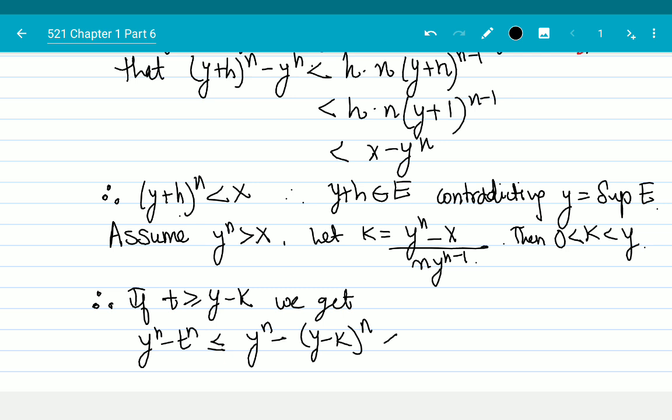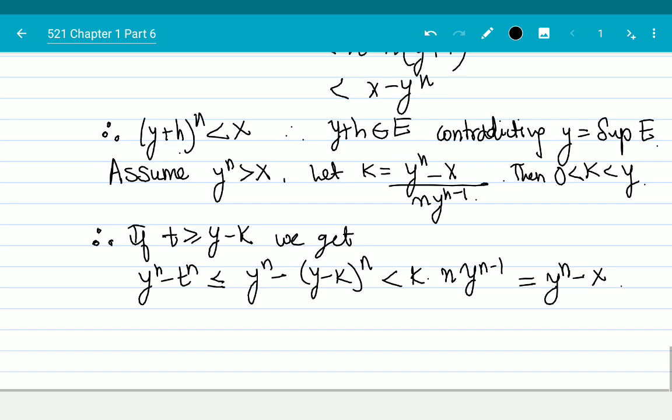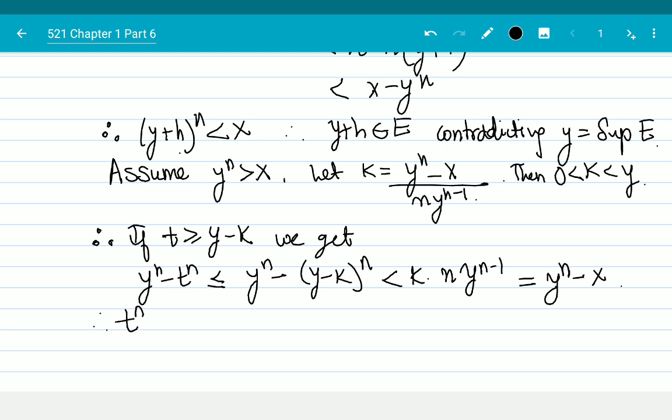Well, now this is strictly smaller than K times N times Y to the N minus 1, and because of my value of K, this is equal to Y to the N minus X. Therefore, T to the N is greater than X, and T does not belong to E.